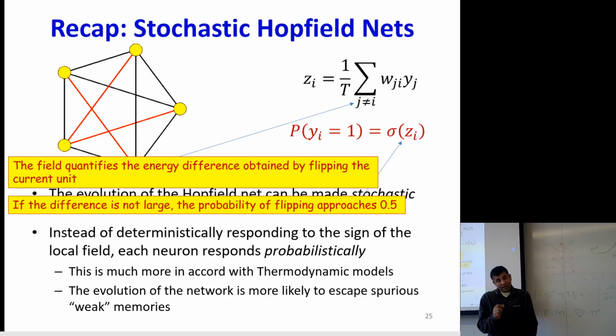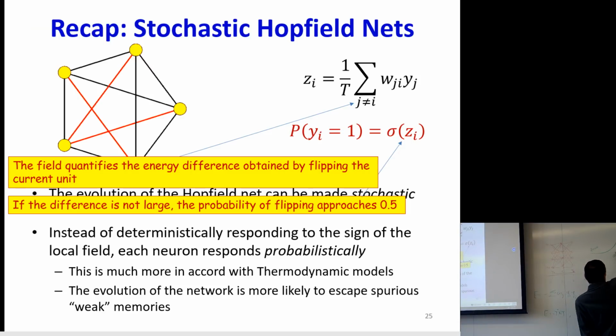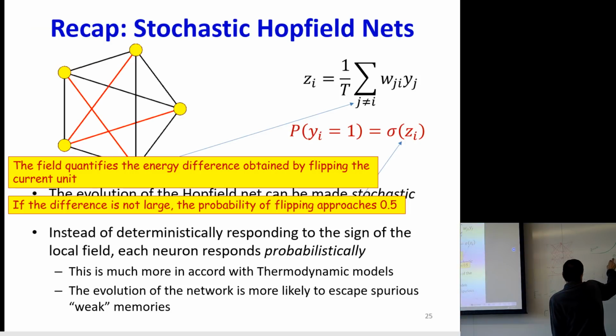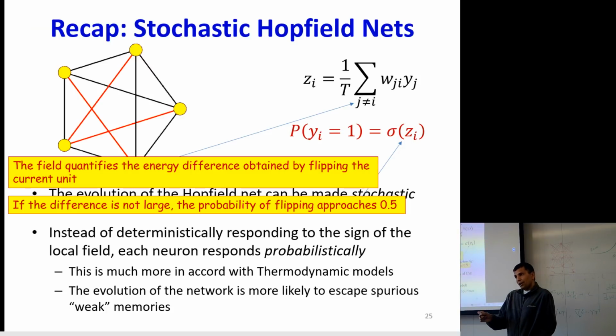So what do we mean by this? This guy over here, that's the field, right? If that's not very far from 0, then the sigma term is going to be close to 0.5. If it's exactly 0, the sigma term is exactly 0.5.